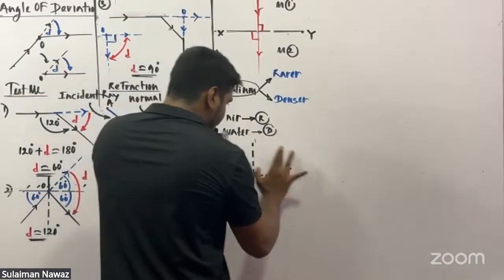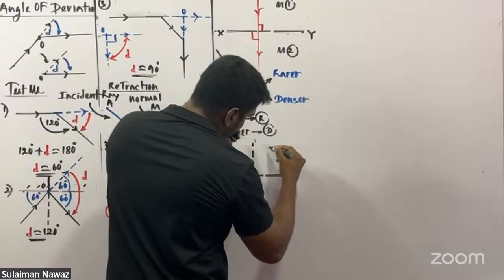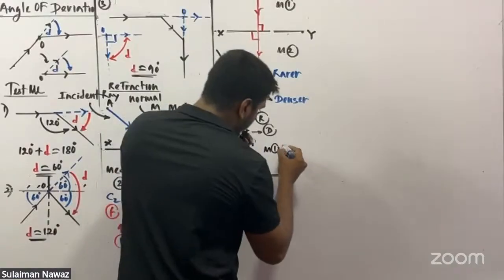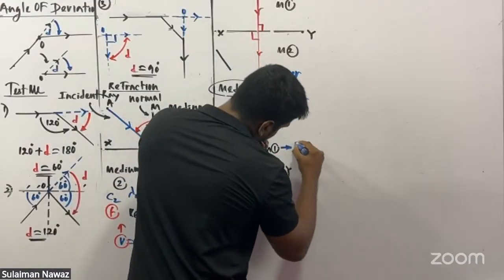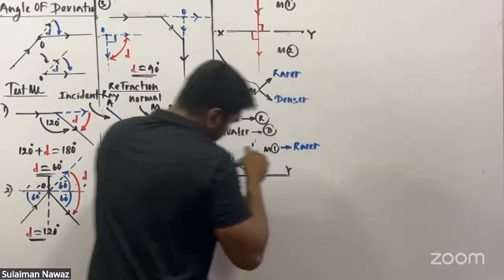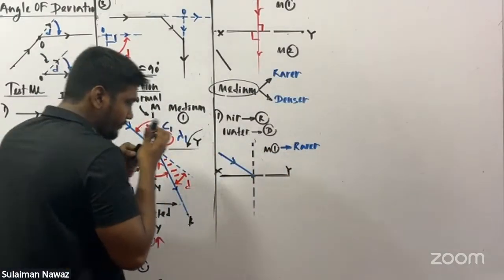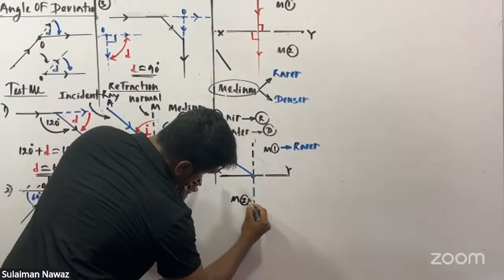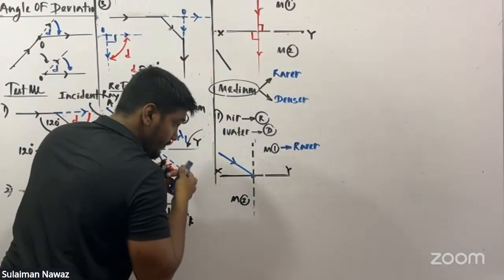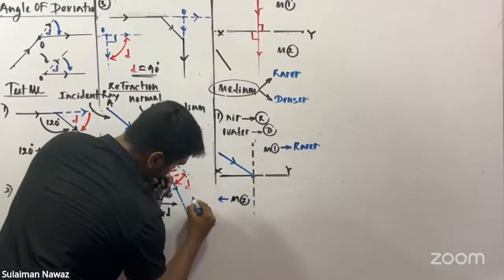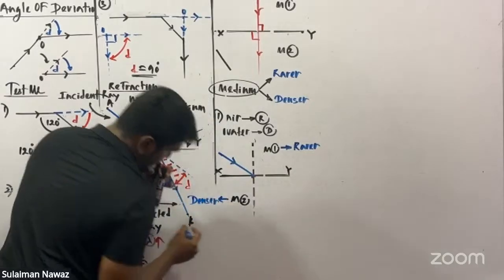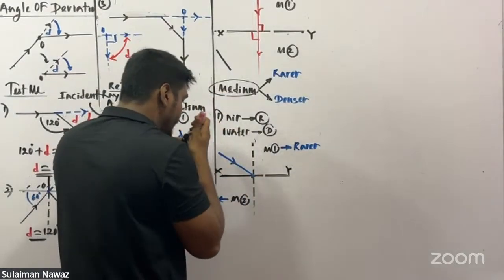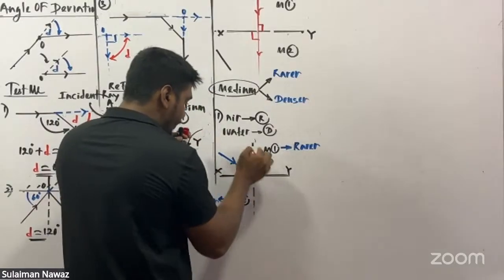This is medium one, which I consider as rarer medium. My medium two is denser medium. Listen carefully. The incident angle i is measured from the normal to the incident ray, because this ray is in medium one.